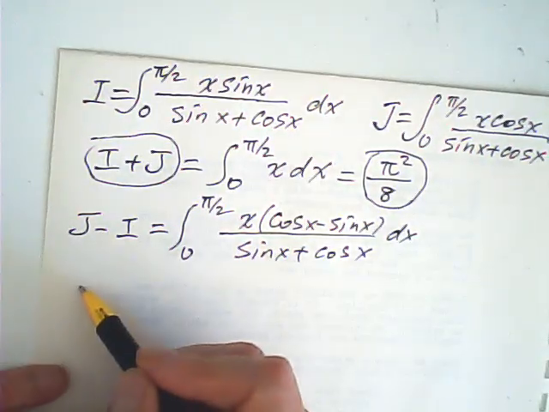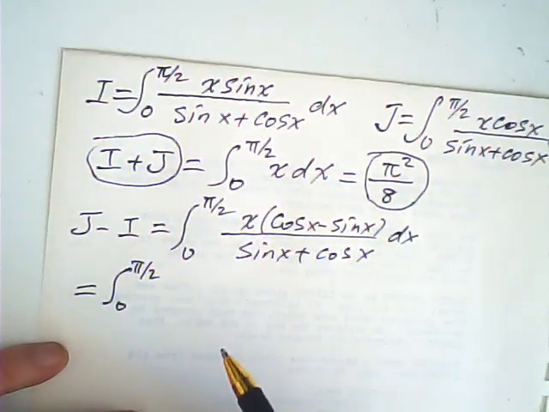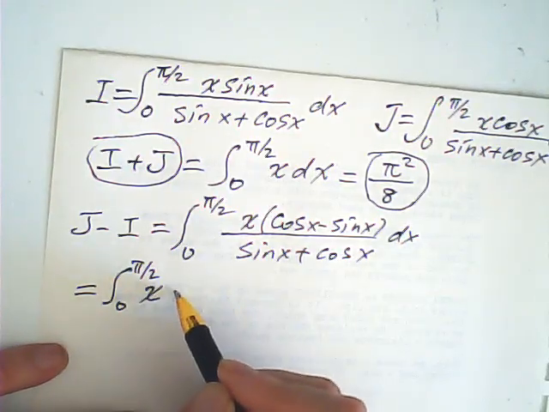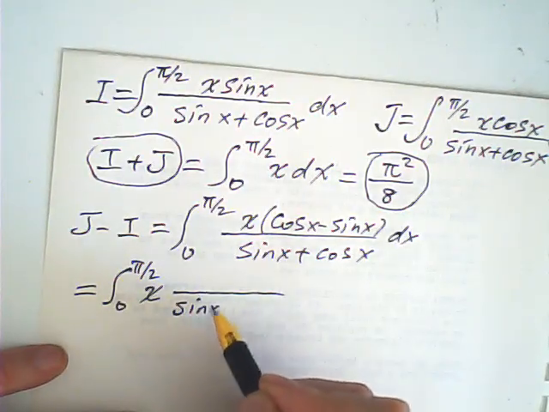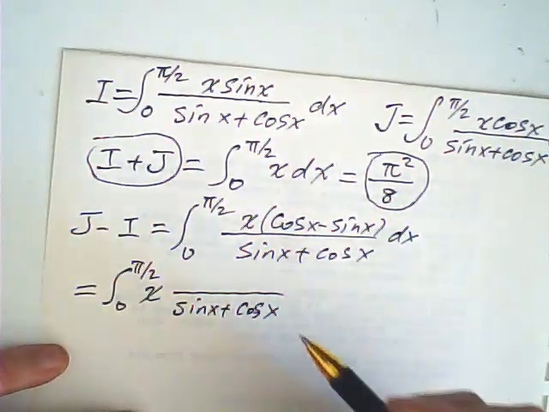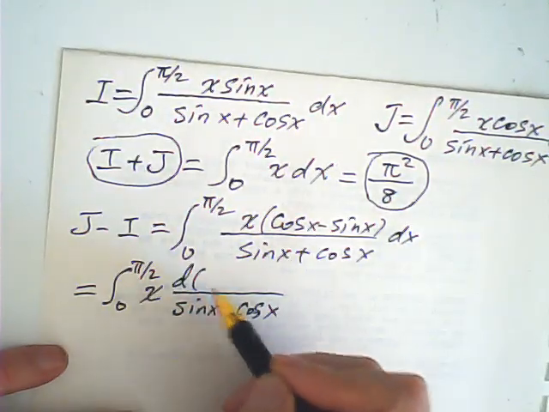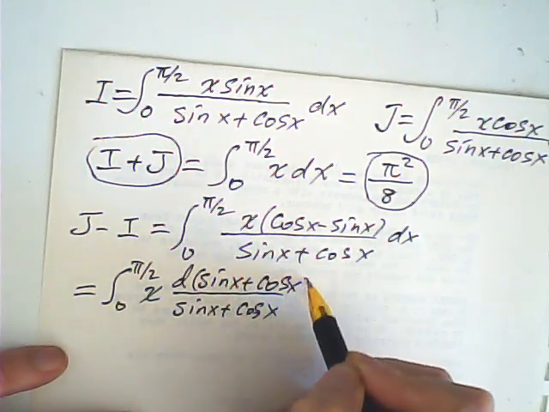and sine x plus cosine x. Yeah, this one is equal to the integral from 0 to half pi of x, and this is sine x plus cosine x, and on top it becomes the derivative of sine x plus cosine x.